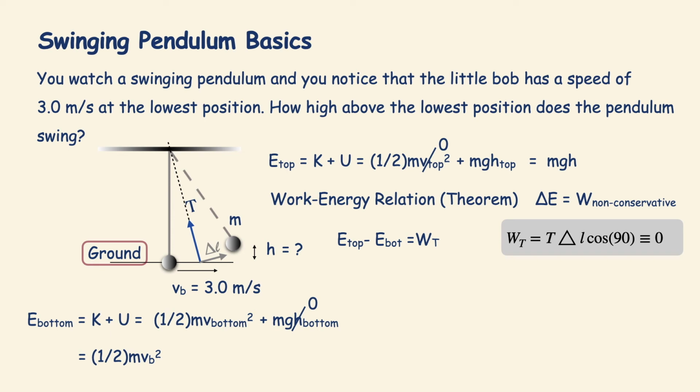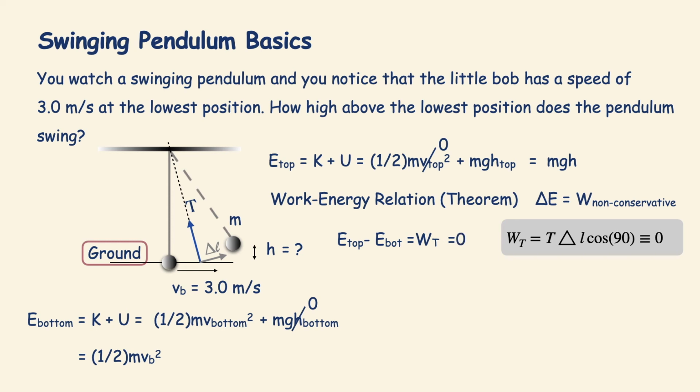Now, the vectors change position, but the important thing is that the angle between them always remains equal to 90 degrees, so cosine 90 allows us to use the simplified formula. And we can see that at any given instant the work of the tension will always be 0. So yes, we do have a non-conservative force here, but it doesn't do any work.